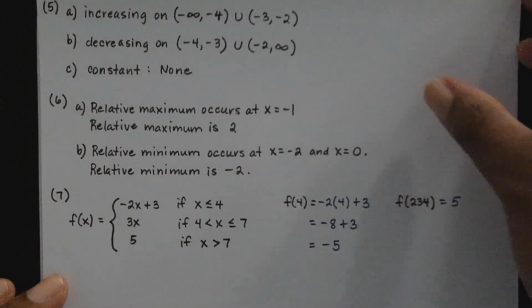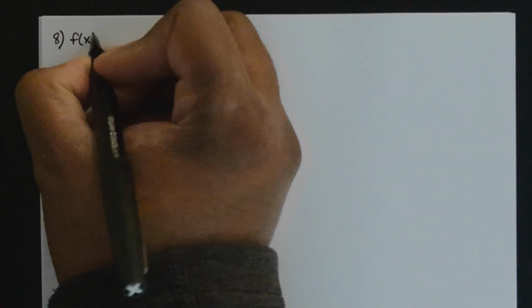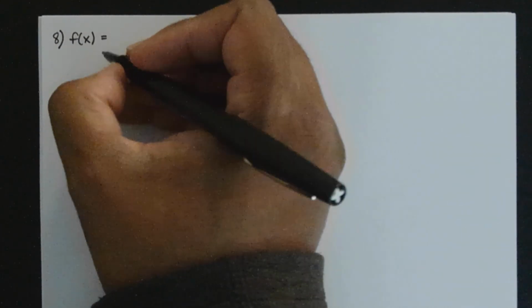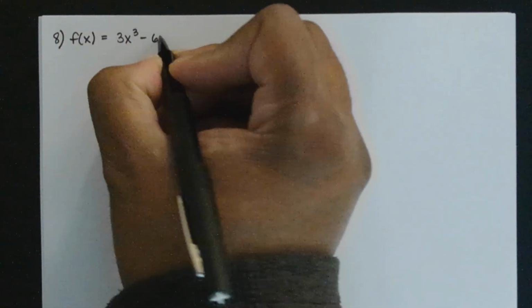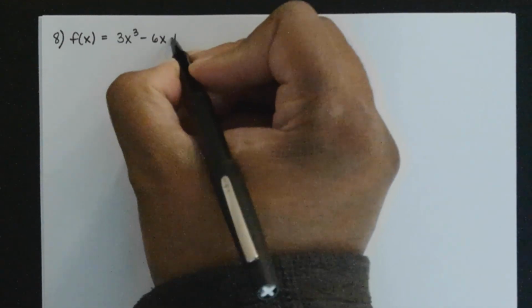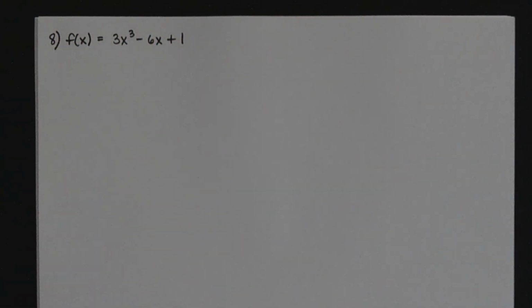All right, problem number 8 is determining whether a function is even or odd or neither. So here we got f of x is equal to 3x cubed minus 6x plus 1. Now the way I work that problem out, you have to replace every x in that function with negative x.